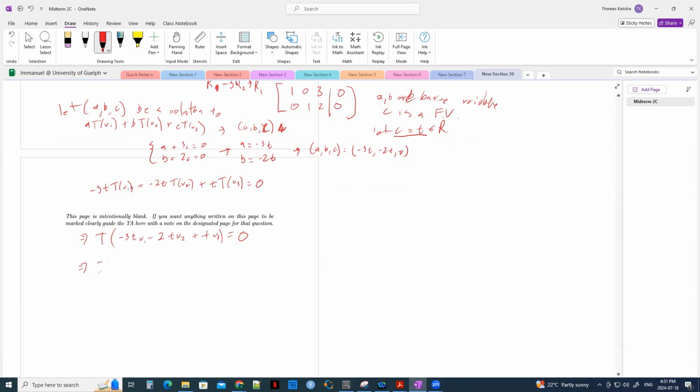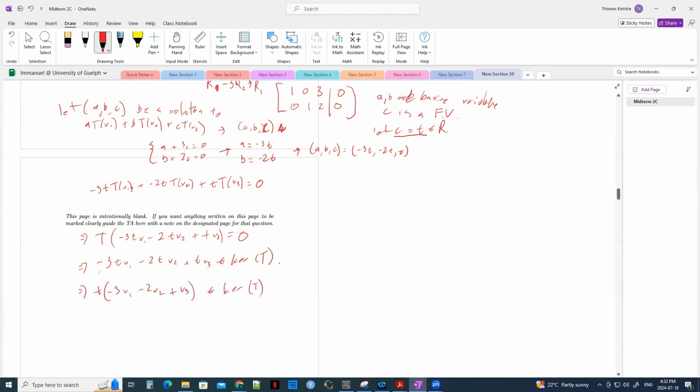This implies that -3t v1 - 2t v2 + t v3 is in the kernel of T. And we have a definition for our elements of our kernel. Isolating for t, we get t times (-3v1 - 2v2 + v3) is in the kernel.